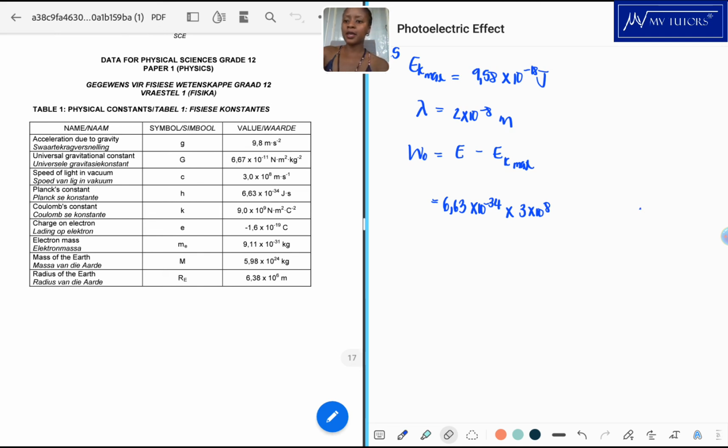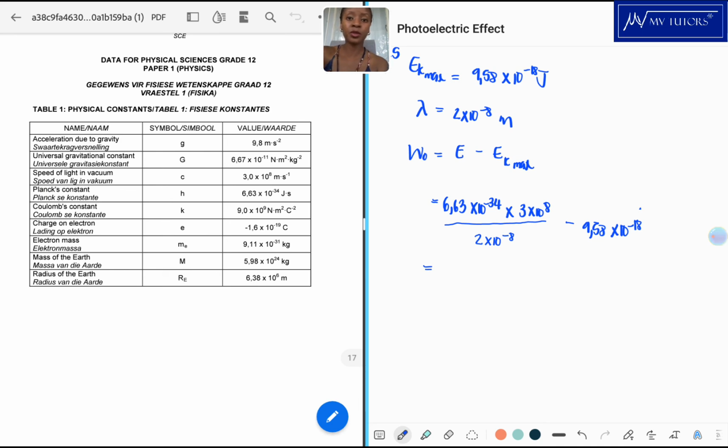Okay, so now I have hc over the wavelength. We have the wavelength, it is 2 times 10 to the power minus 8. And then they gave us the maximum kinetic energy, which is 9,58 times 10 to the power minus 18. I'm just going to get the calculator.